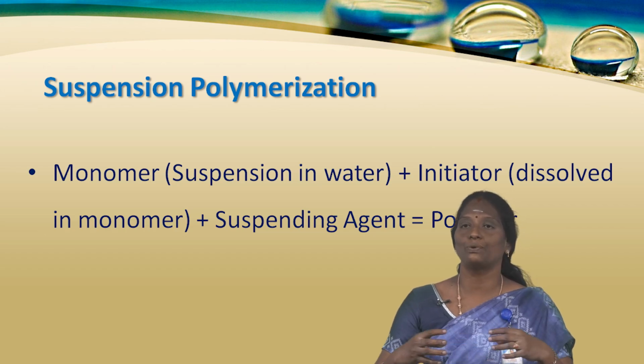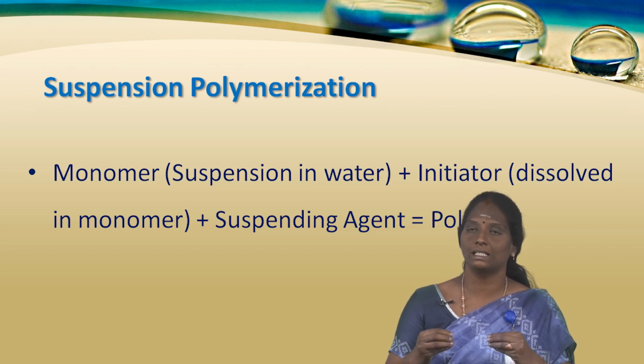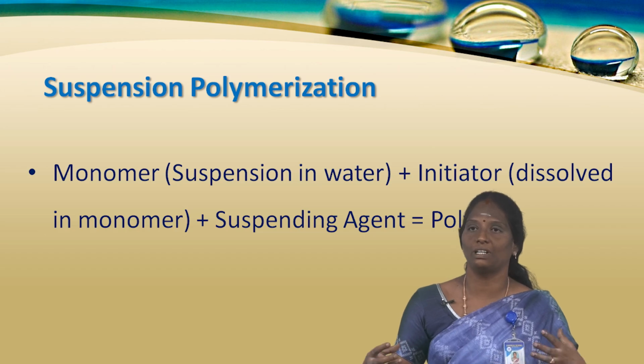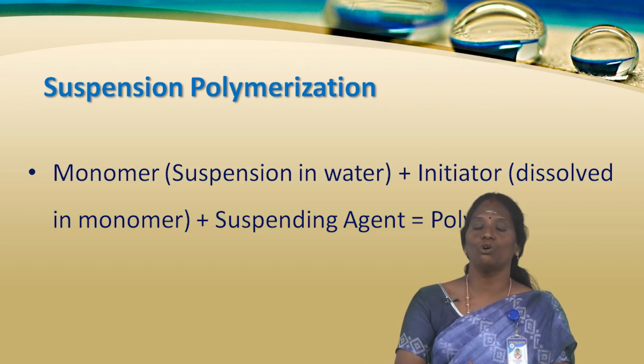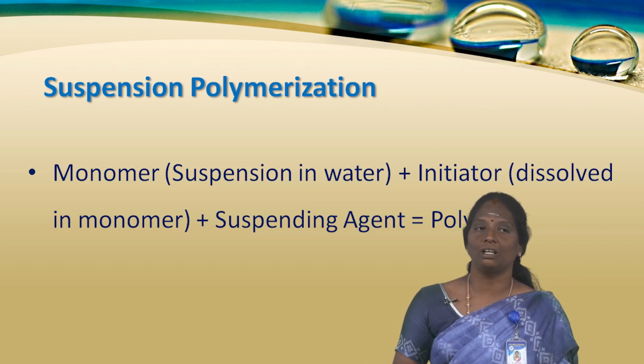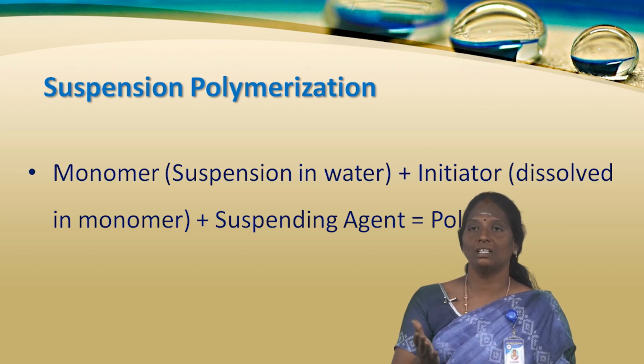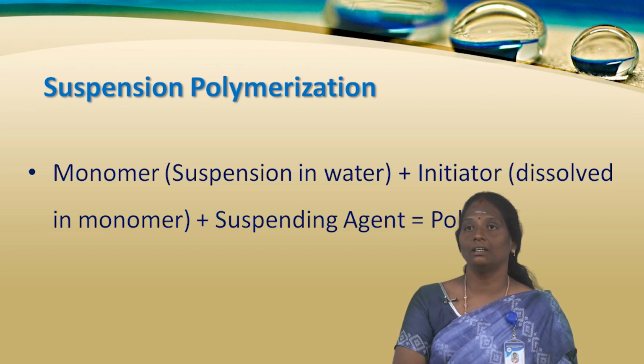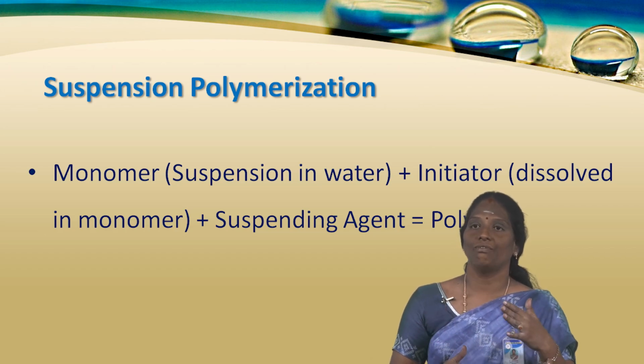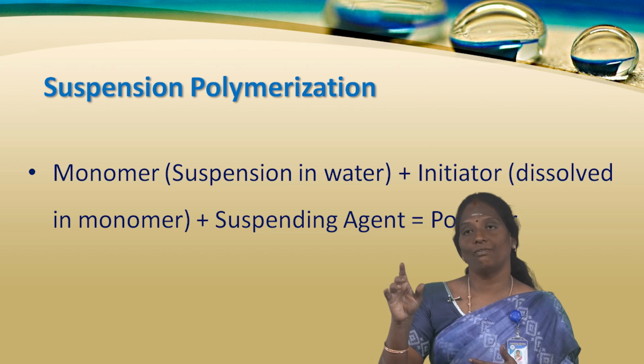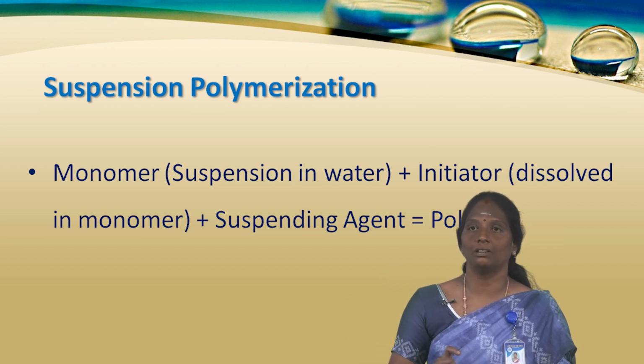So what are the procedures for preparing polymers by suspension polymerization? The monomer suspension in water, the initiator dissolved in the monomer, and the suspending agent are added. These are heated at constant temperature with vigorous agitation with nitrogen atmosphere.